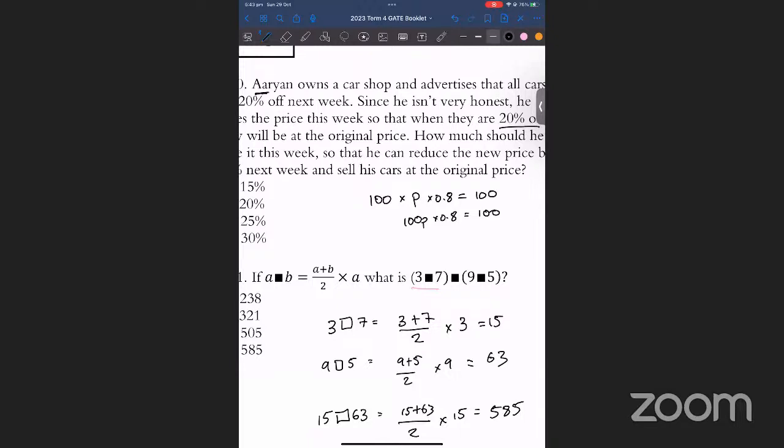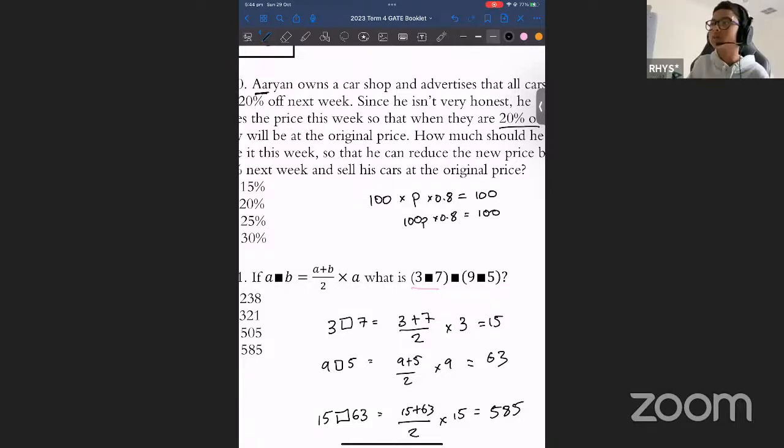Okay. So what's 80% of 100, Sangu? Sangu, are you there? Okay, Reese, what's 80% of 100? 80% of 100 would just be 80.